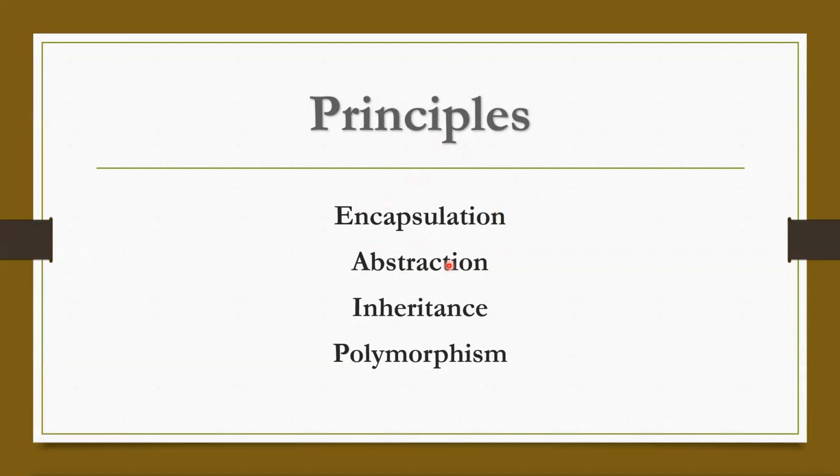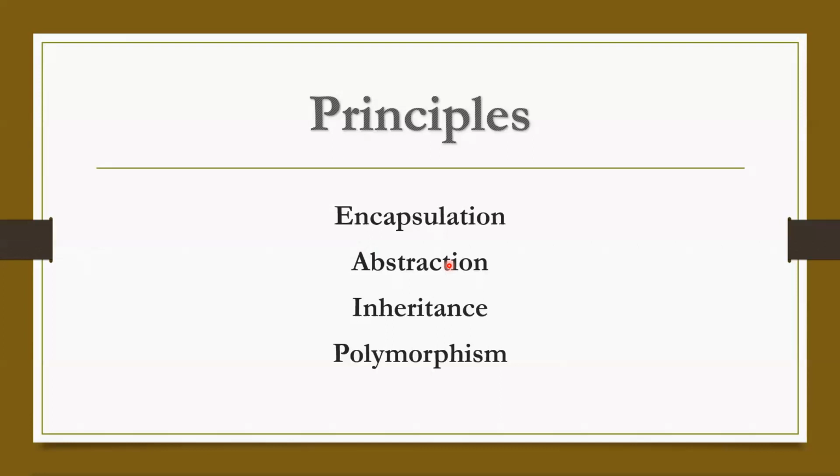If you take the same human example, the heart, veins, nervous system, brain, all these parts are hidden from the outside world. Those are encapsulated. But the skin, hair, ears, nose are exposed to the outside world. So this is what encapsulation means.